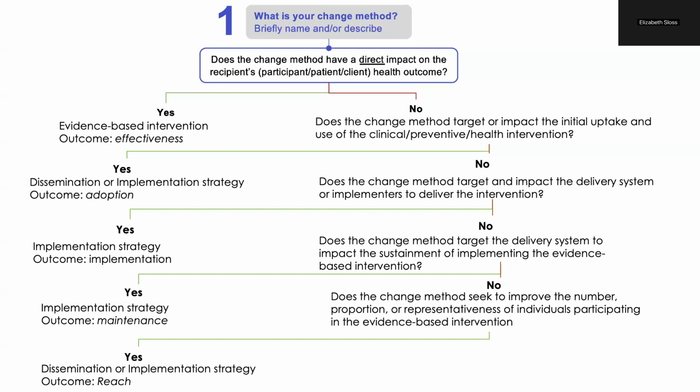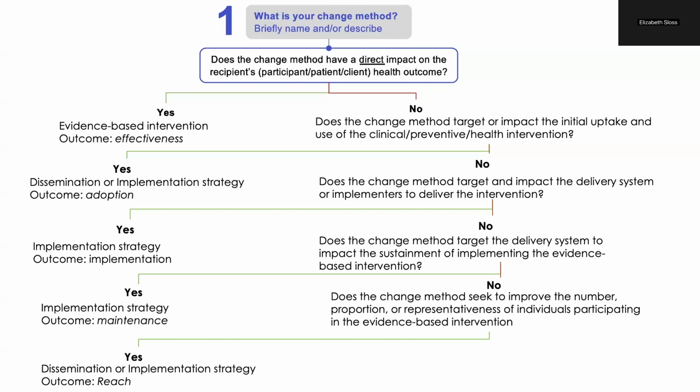Sometimes people will talk about dissemination strategies. In the work that I do, I talk about reach and adoption, and any strategies you're doing to try and achieve those outcomes, as dissemination strategies. That is not universally used language. I'd say it's common, but it's not everybody. So sometimes people will call it an implementation strategy, even if you're targeting adoption.